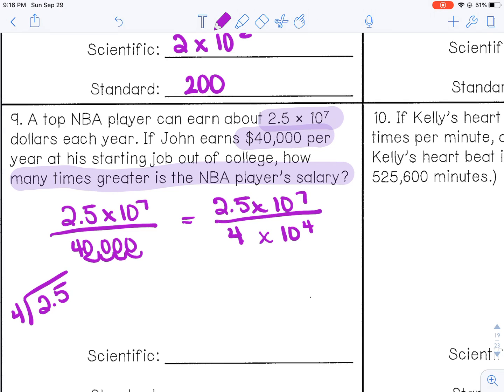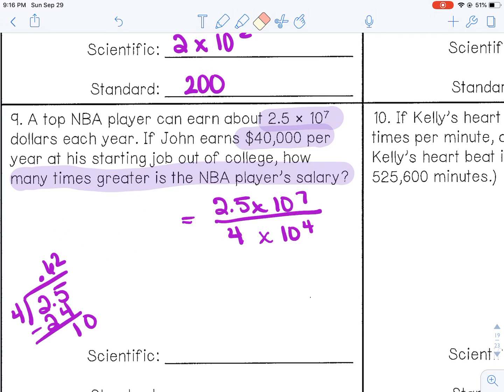Four goes into 2 0 times, but it goes into 25 6 times. 4 goes into 10 2 times. Oops, I'm going to have to do some erasing. Okay, that gives me an 8. And 4 goes into 25 times. Finally, it works out. Okay, so I have 0.625, and I already see a problem.